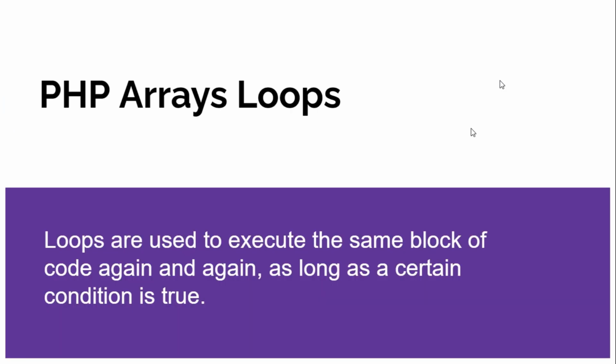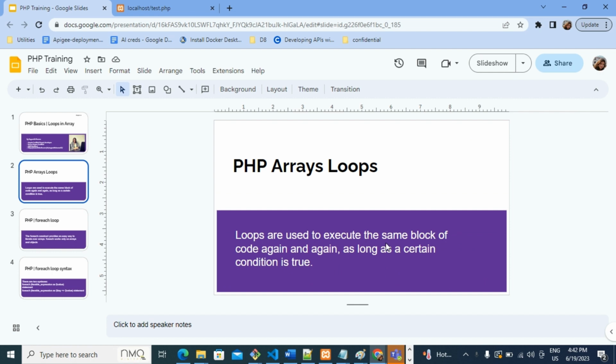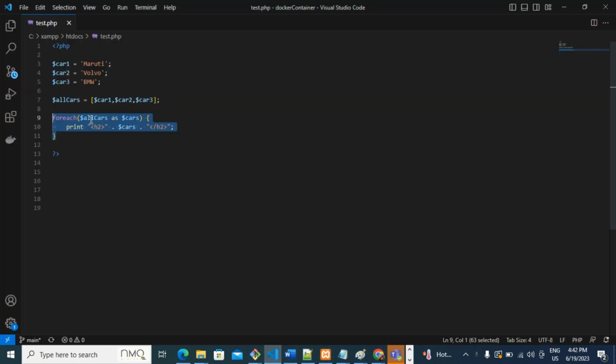So if we talk about the PHP array loops, loops are used to execute the same block of code again and again as long as a certain condition is true. As you can see in this example, I have taken three cars and put them in the array and iterate over this array.